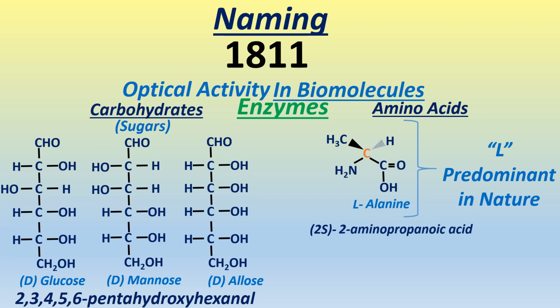So out of the 16 isomers, actually only 3 are common in nature and won't be found anywhere outside of a lab. So in essence, the thing to remember when looking at stereoisomers is that they are predominantly found in biomolecules such as enzymes, proteins, carbohydrates, amino acids.